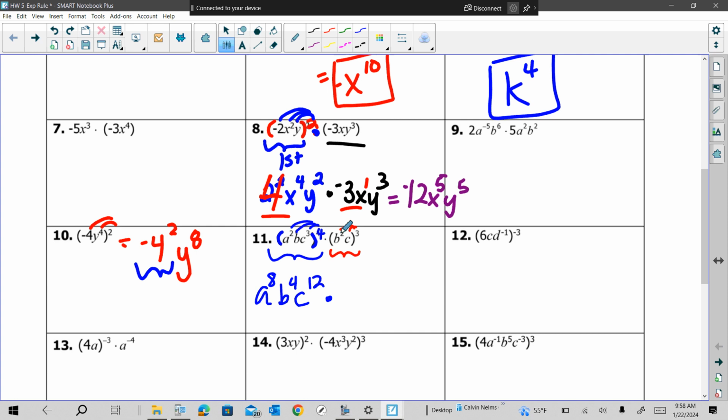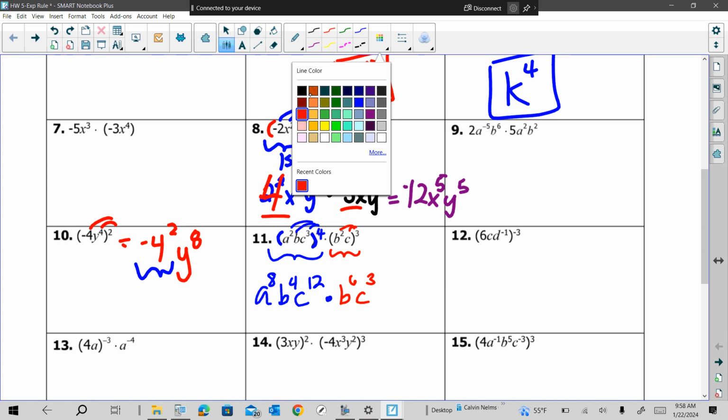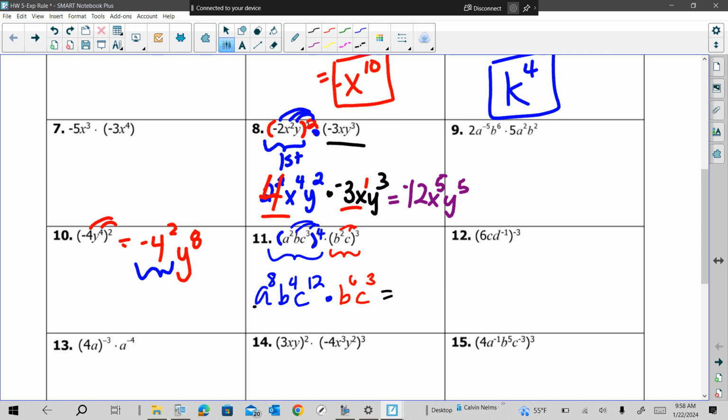If I have b squared c raised to the power 3, it's going to now be b to the 6th power, c to the 3rd power. And now we're just adding the exponents. There's no a to add, so that stays a to the 8th. But there's a b and there's a b. Then the c's.